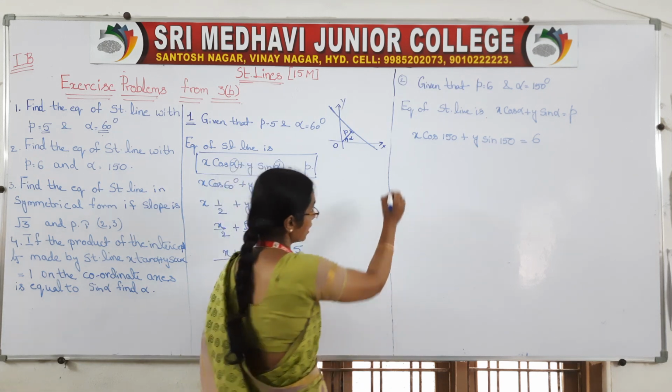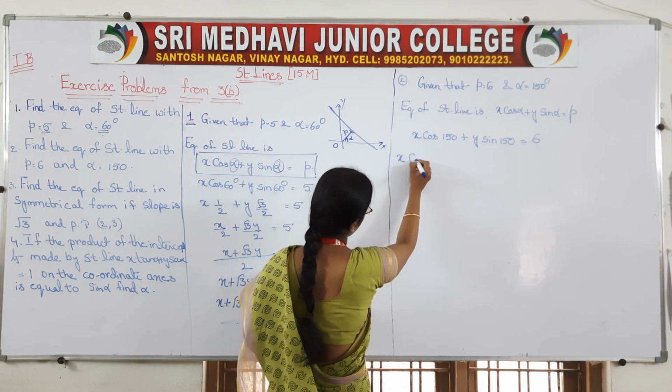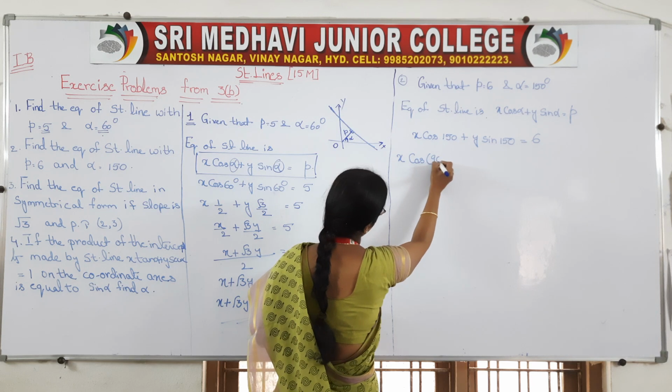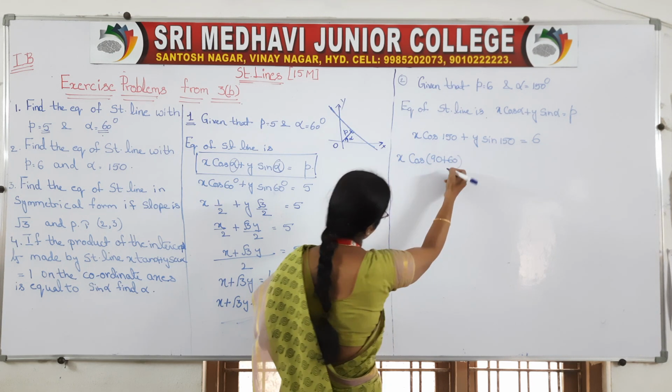So 150, how will we know this value? We can write this as 90 plus 60.